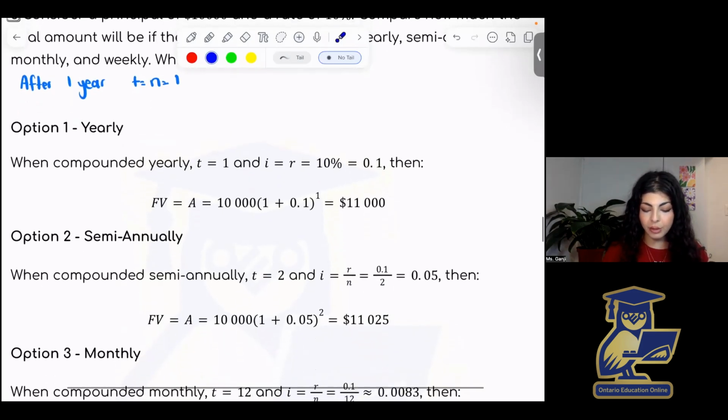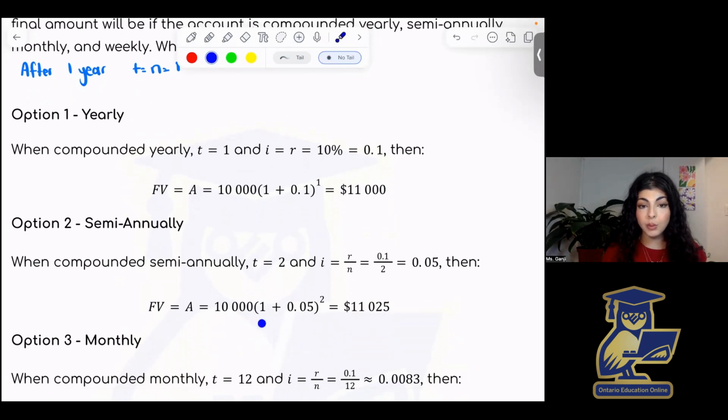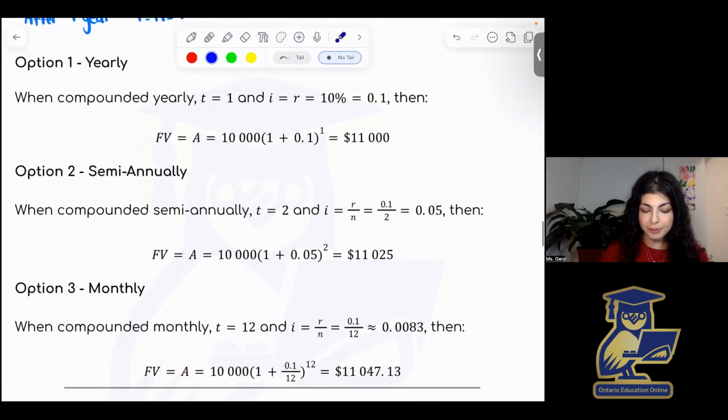Then the future value is going to be 10,000 times 1 plus 0.05 squared because it's twice over that year. So then we get $11,025. And right away, I can already see this is giving me more value than the yearly option. So already I'm seeing a pattern, but we're going to keep going to confirm that.